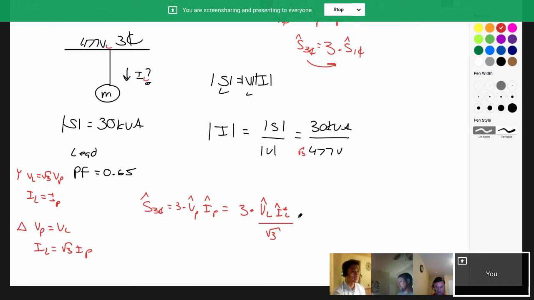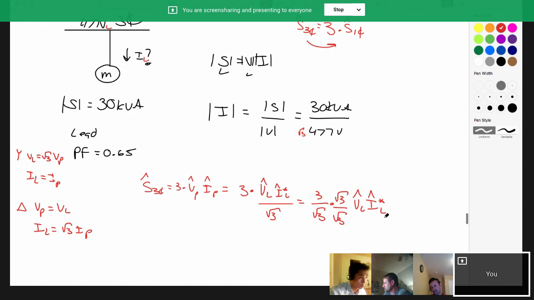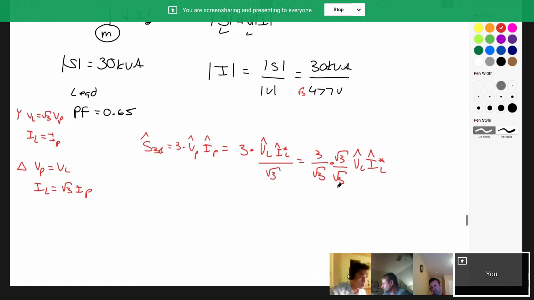So now, what if I multiply by the square root of 3 over the square root of 3? I can do that, right? That's essentially multiplying by 1. Now when these two on the bottom multiply, what do we get? 3.